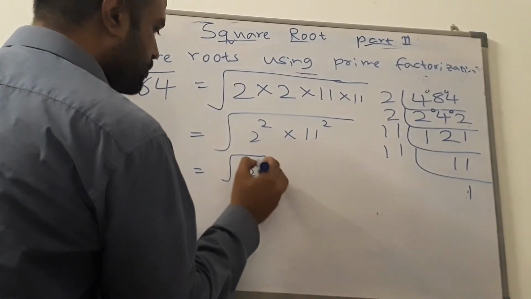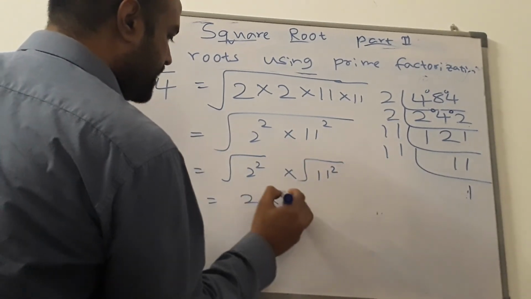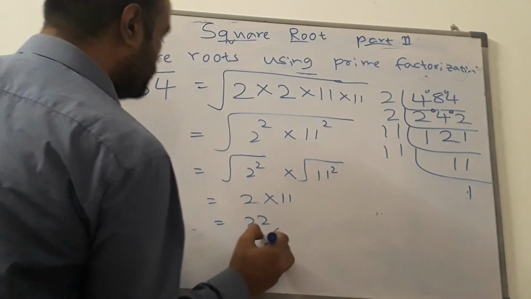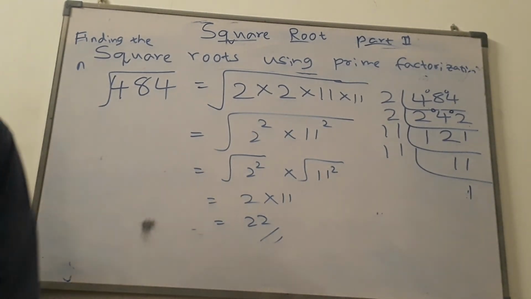This means 2 squared times 11 squared. So 2 times 11, the answer is 22. Square root of 484 means 22. Okay. That's it for today.